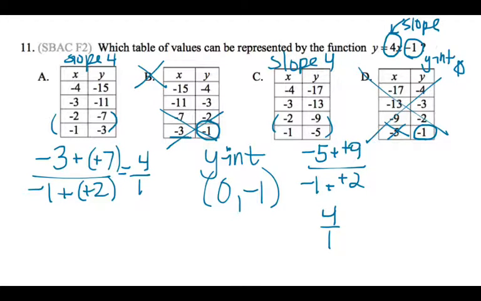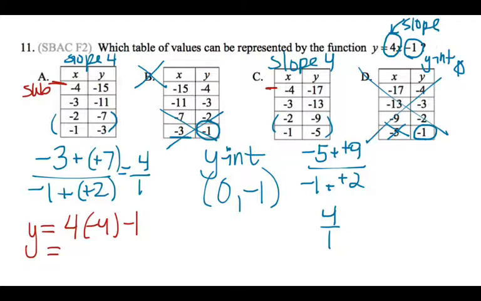What you have to do now is you could graph these, but that would still take forever. What I want you to look at is the pattern. From this point, I have to say if x is 0, y has to be -1. I could go through and substitute some points. So y equals 4 times x minus 1.